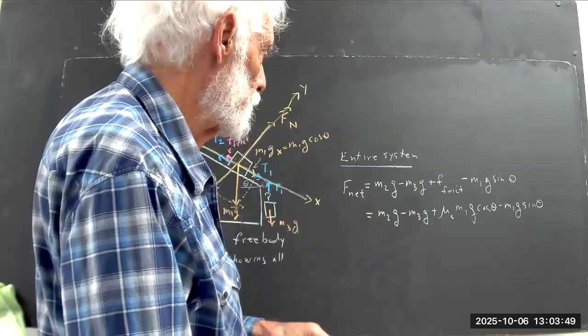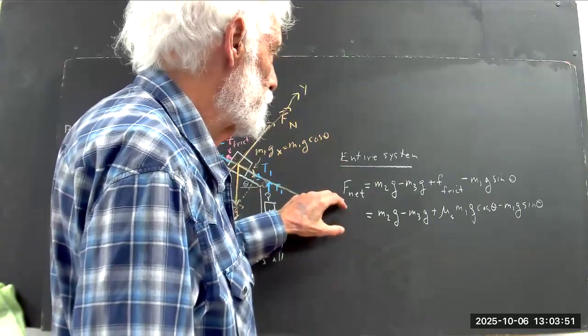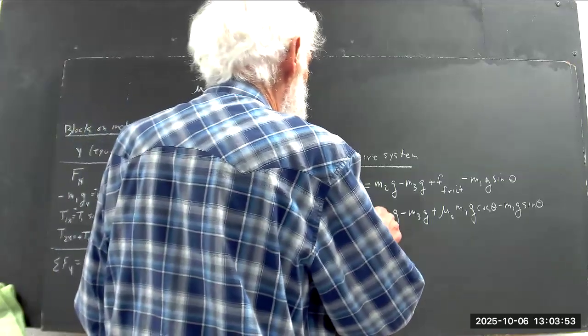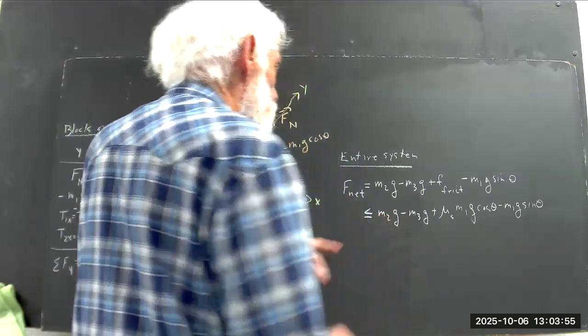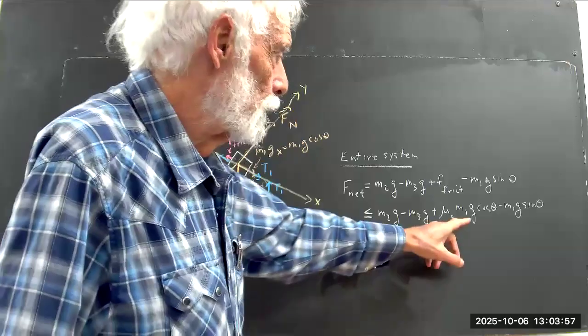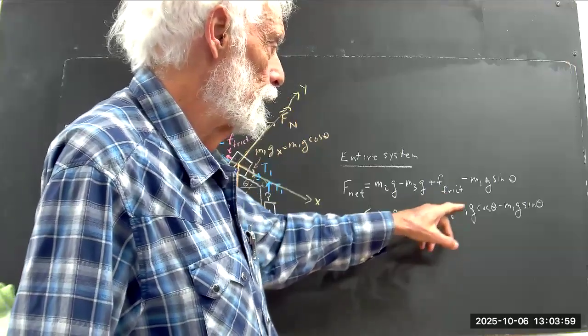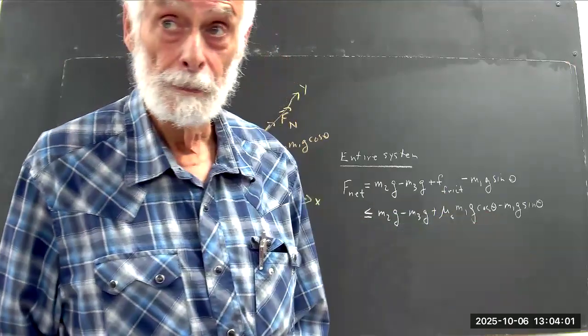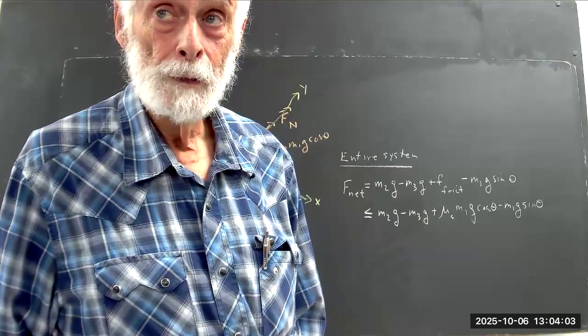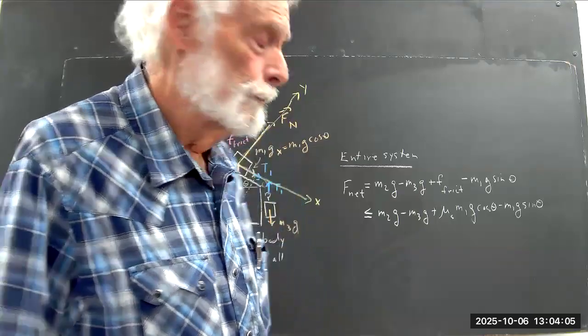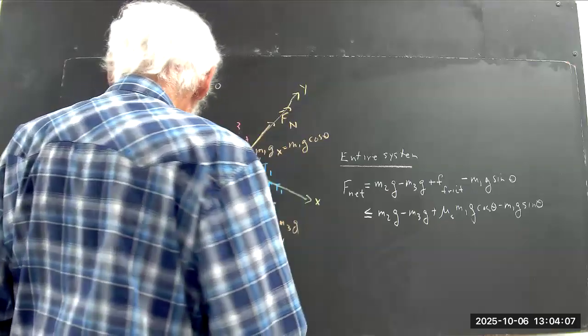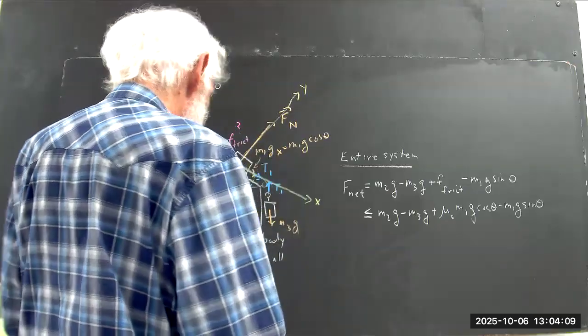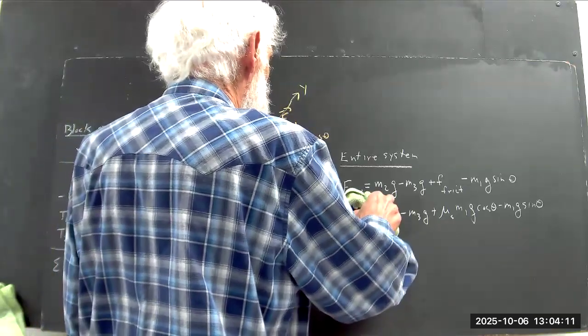Now, the only problem is F net is actually less than or equal to this because the force of friction is less than or equal to mu s times M1G cosine theta. Okay. Now I'm going to erase that less than or equal and make it equal, but I'm going to put a condition on it.